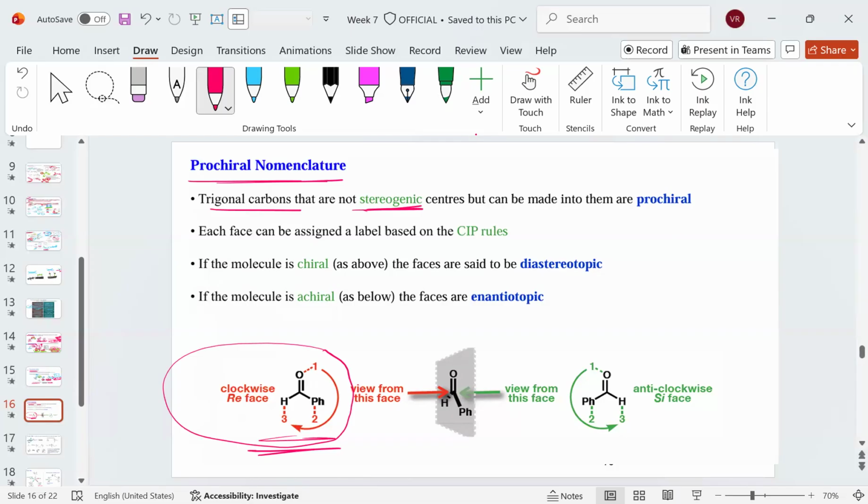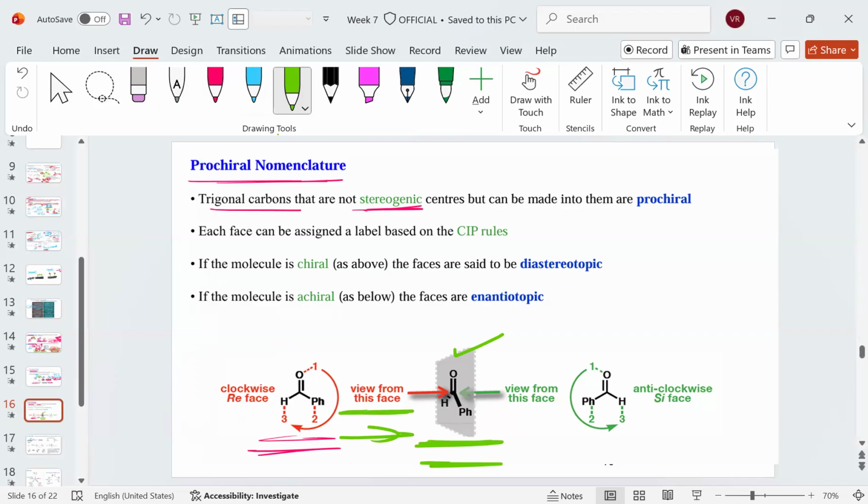Depending upon the different sides of this molecule, here you can see I have drawn this carbonyl center in a plane. If you are viewing from this side and try to give the nomenclature, this will be the Re face, or the Si face.